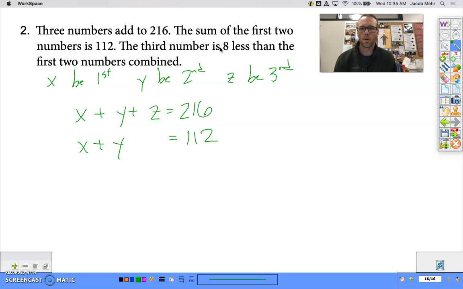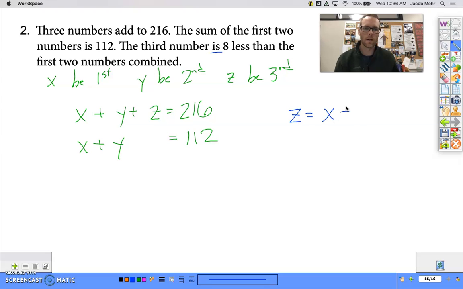And the third number is 8 less than the first 2 combined. Now, I know that's going to be a little bit different than our standard form, so I'm going to write that over here. The first 2 combined would be X plus Y. The third number is 8 less than that. So the third number, z, is equal to 8 less than the first two combined.